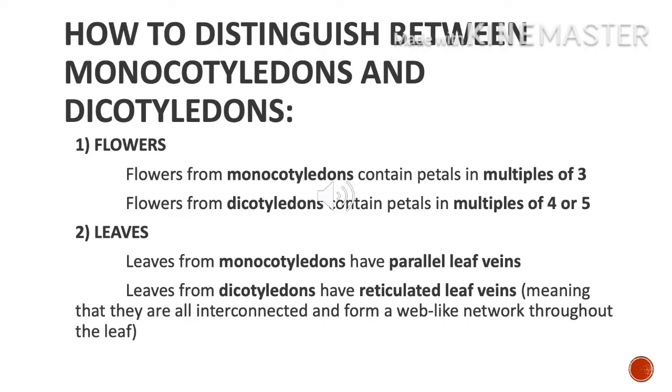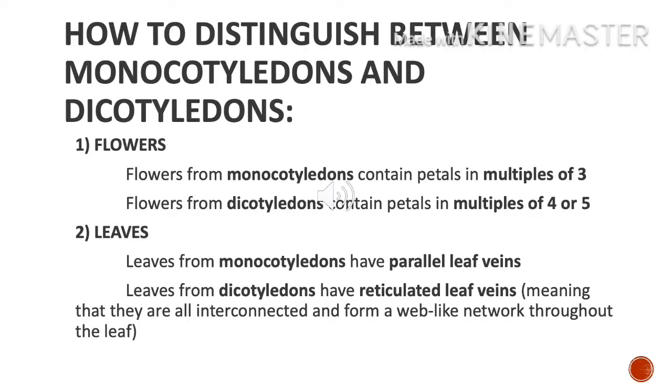Next, through their leaves. Leaves from monocotyledons have parallel leaf veins, while leaves from dicotyledons have reticulated leaf veins, meaning that they are all interconnected and form a web-like network throughout the leaf.